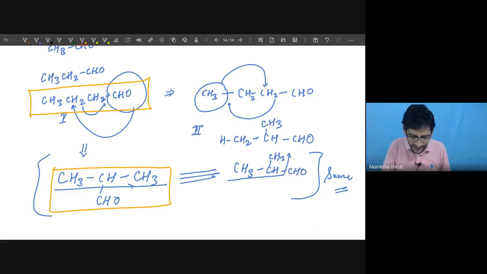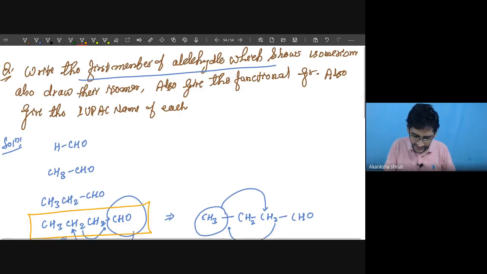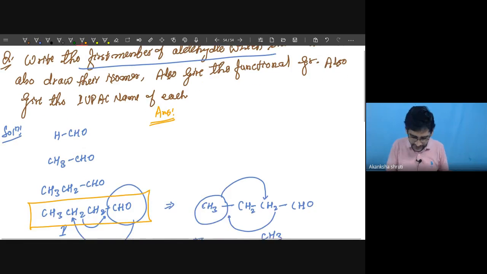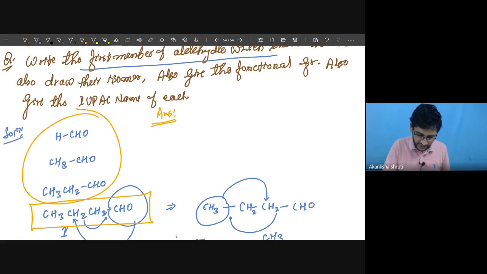Whether you draw it by first changing the methyl group at the carbon containing the aldehyde, or by moving the aldehyde itself to the middle carbon, both will give the same result. Get it? So write the answer to the point, whatever you have to write. No need to do this much, I had explained it, but by practice please do this much in your rough work to see whether it can give isomers or not, if you have doubt.